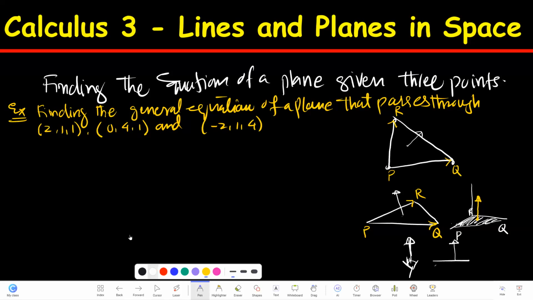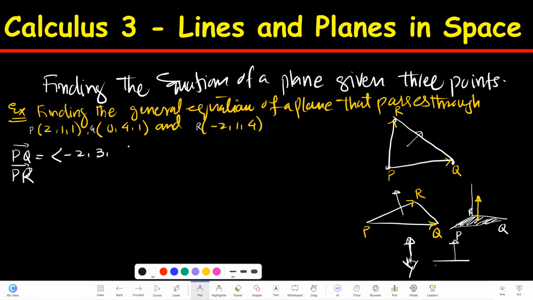So what I'm going to do is find PQ and PR and make them 2 vectors. I'm going to say 0 minus 2. I want to call maybe P this, Q this, R this. So 0 minus 2 will be minus 2, comma 3. 4 minus 1 is 3.